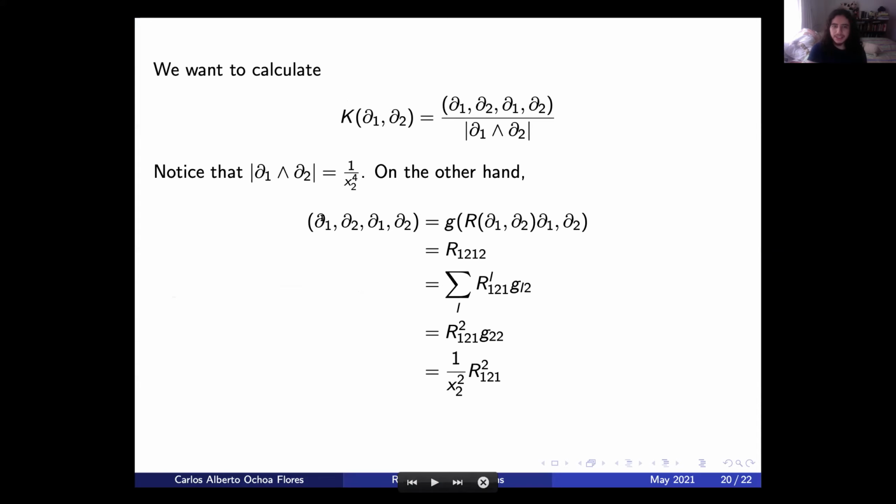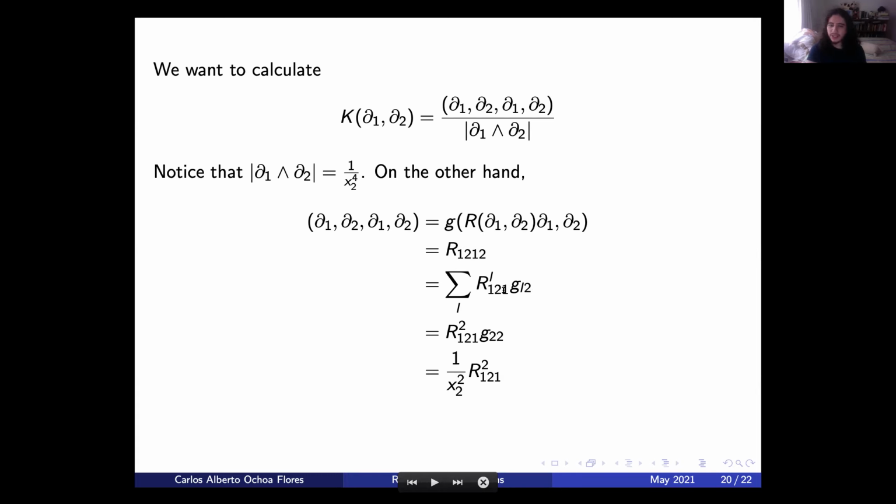On the other hand, this can be expressed like this. We are trying to calculate the coefficient 1, 2, 1, 2 of the (0,4) Riemann curvature tensor, and this can be expressed as a sum of terms of the (1,3) tensor field that looks like this. Almost every single one of these terms will be 0, because g of l2 is 0 when l is different from 2.